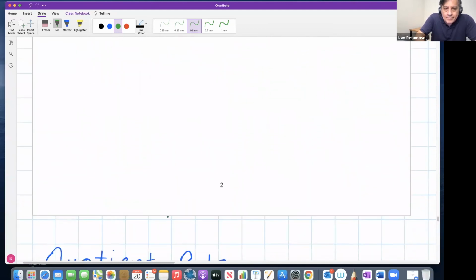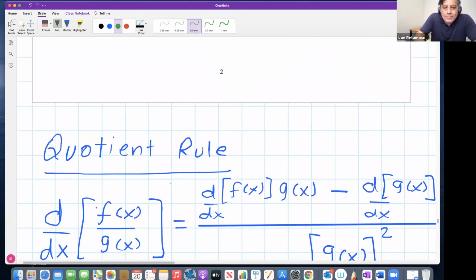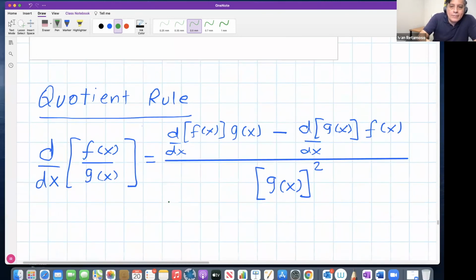Quotient rule, what's that? Well, it turns out derivatives do not behave nicely over quotients either. You cannot distribute your derivative over a quotient. Instead, there is a formula to take derivatives of the quotient of two functions. Mathematicians have figured it out. It's called the quotient rule. It goes like this.